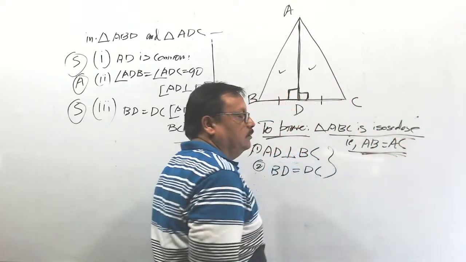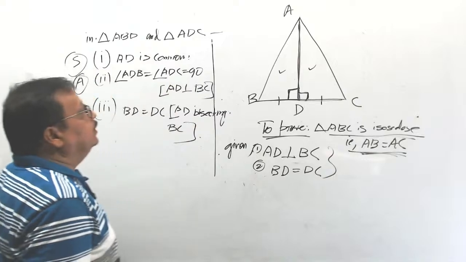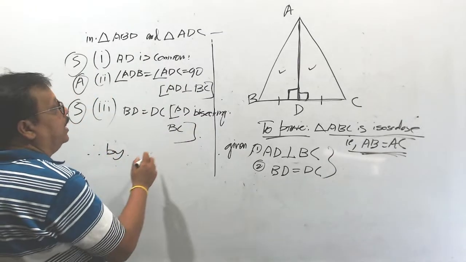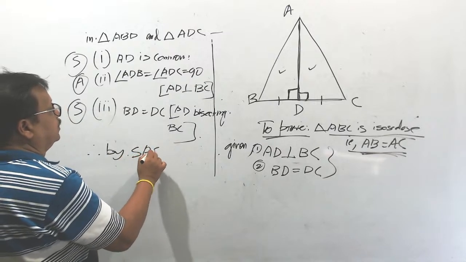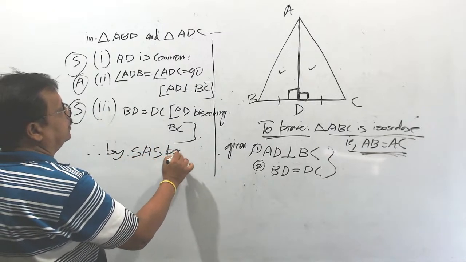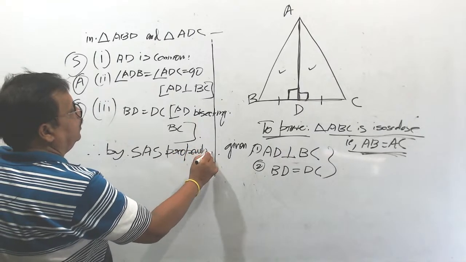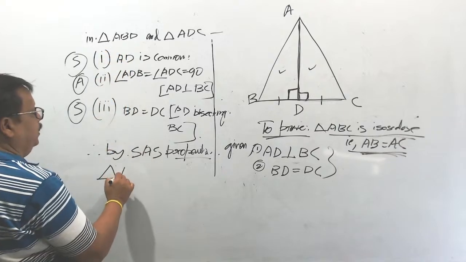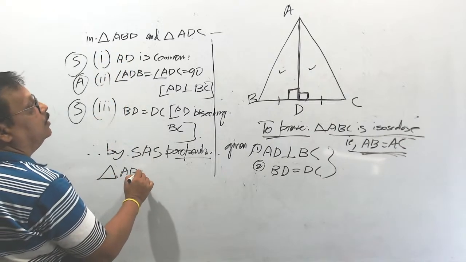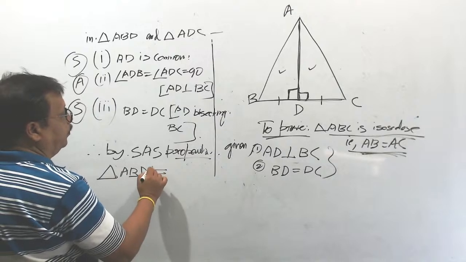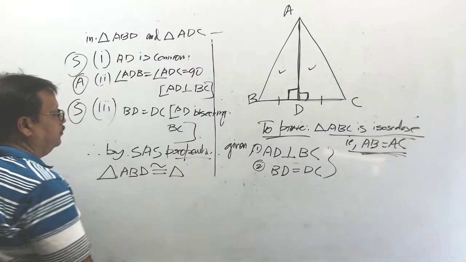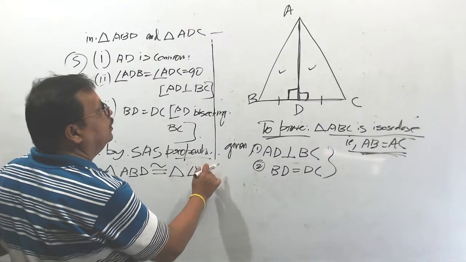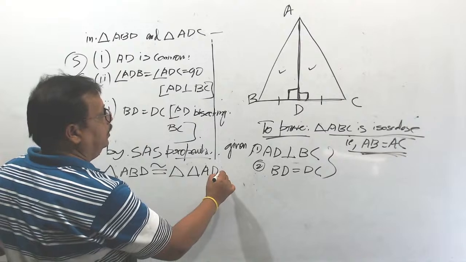Not by RHS property. Therefore, by side angle side SAS property or criterion, triangle ABD congruent, using this symbol you will write, to triangle ACD.